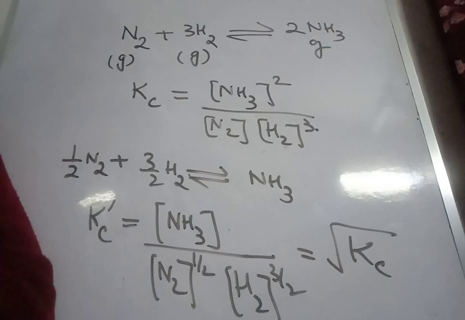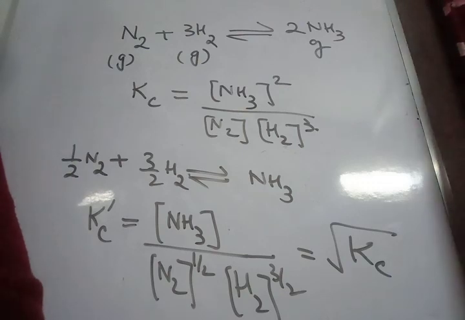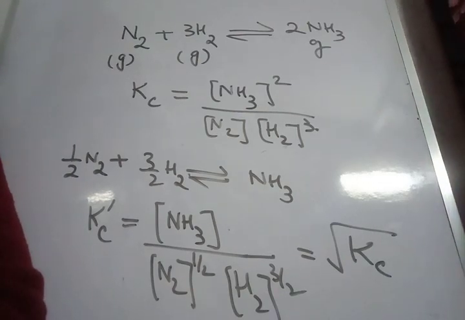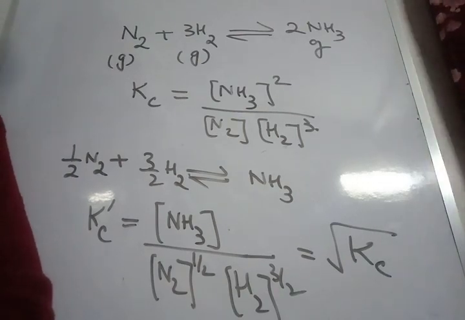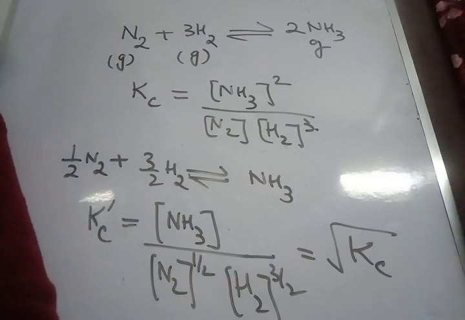Next, if a reaction occurs in more than one step, the overall equilibrium constant is equal to the product of the stepwise equilibrium constants.